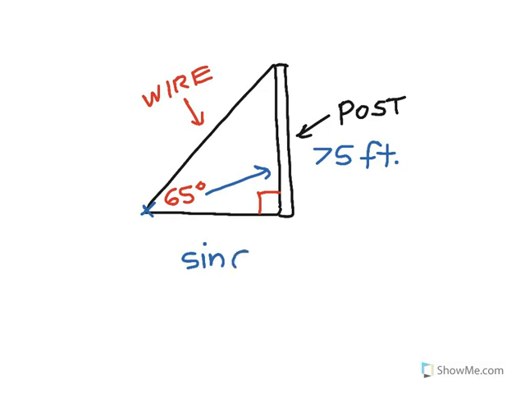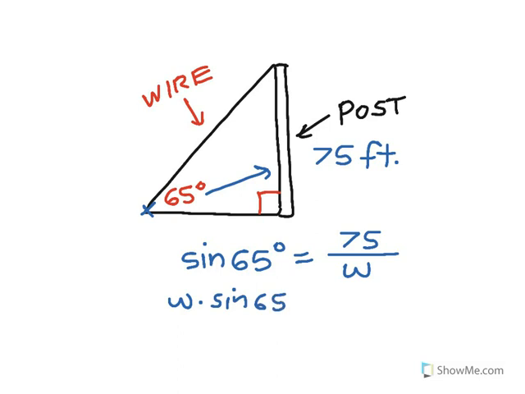So I can use the sine of a 65-degree angle is equal to the opposite side length of 75 over the hypotenuse of the wire, and so I'll call that W. So W times sine of 65 degrees, if I'm solving this algebraically and multiply both sides by W, is equal to 75.